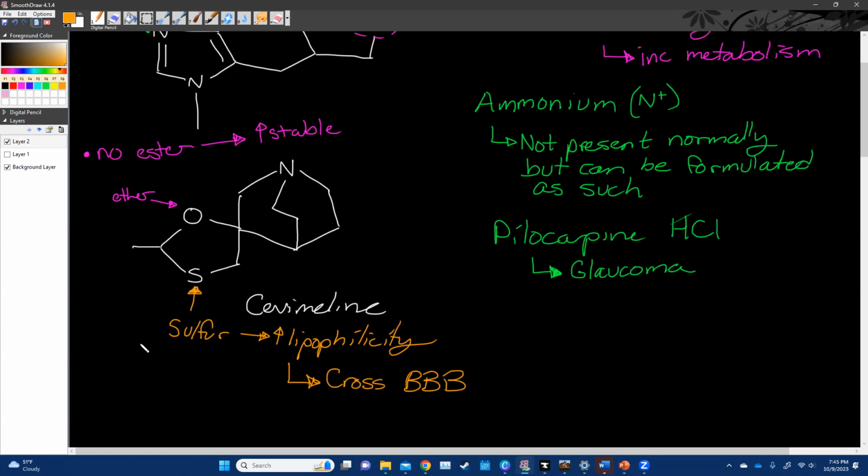Is this purely because of the sulfur? No, there's a lot more factors that go on in terms of crossing the blood-brain barrier. But what I want you to know specifically about this drug is cevimeline does cross the blood-brain barrier. The reason why it can cross the blood-brain barrier means that it's used in Alzheimer's disease, which is a hypocholinergic state.